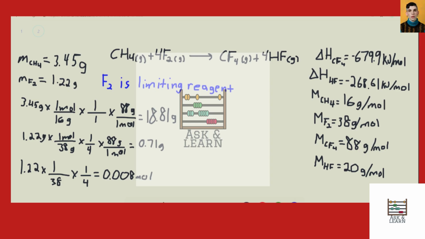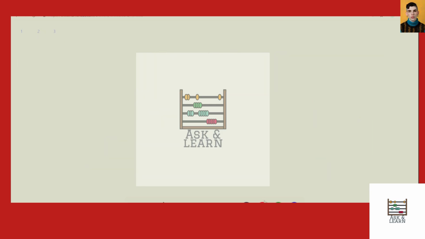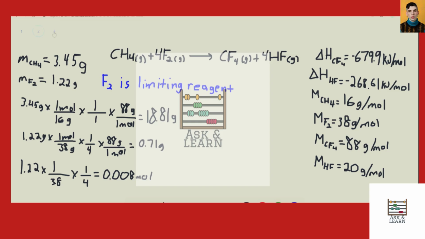Remember Hess's law: delta H of reaction is equal to delta H of products minus delta H of reactants. It might be easier if we go to a new page.